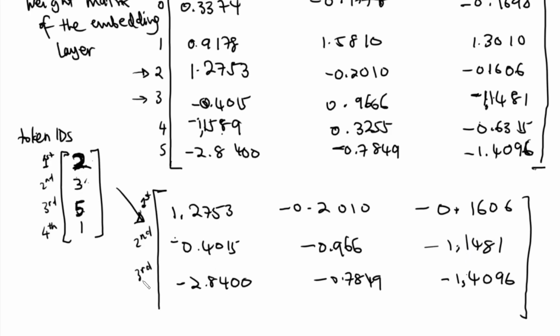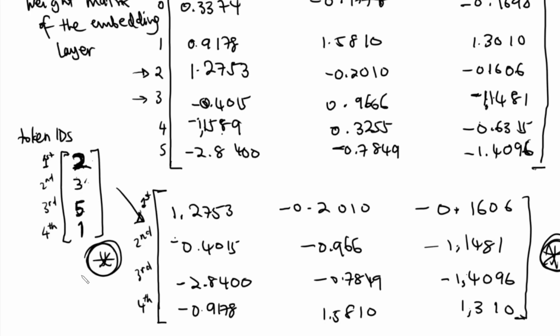Then the fourth position in our resulting embedded token IDs is saying get the one from index 1. So it's going to be 0.9178, 1.5810, 1.310. Cool. We have embedded our token IDs.